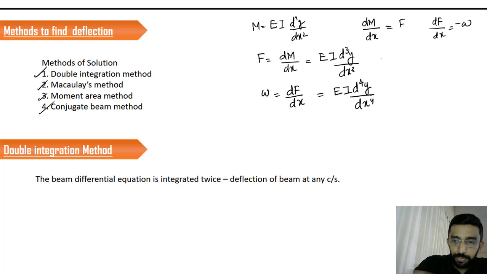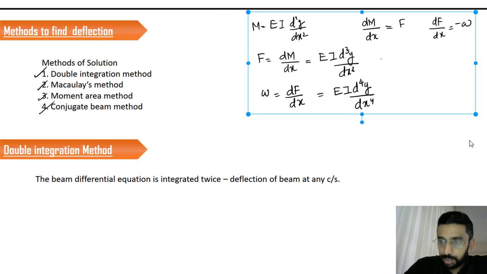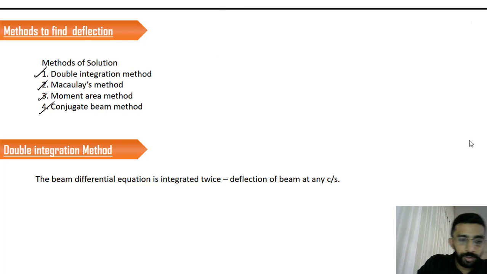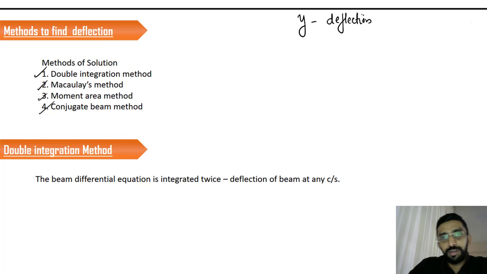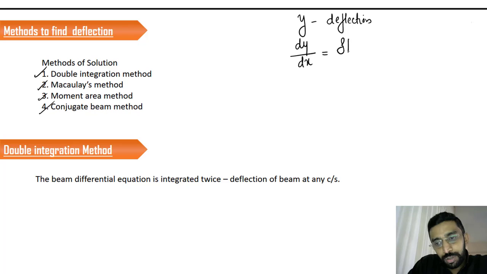If we rewrite all these things, let us say we have a value of y. Y is the deflection, right? Everything starts with the deflection, the physical phenomenon. And if we differentiate this y with respect to x, it is going to give you the slope.